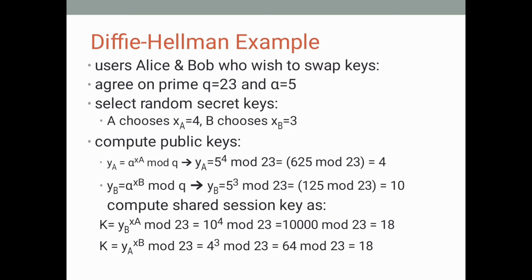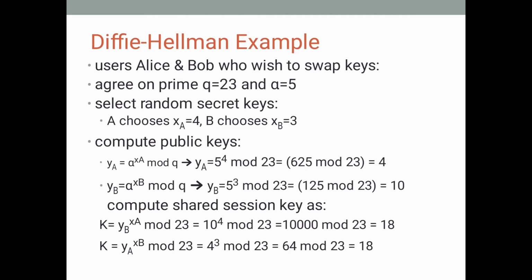As you know, XA is the private key of user A, and XB is the private key of user B. So user A chooses the private value 4, and user B chooses the private value 3. That means XA is equal to 4 and XB is equal to 3.